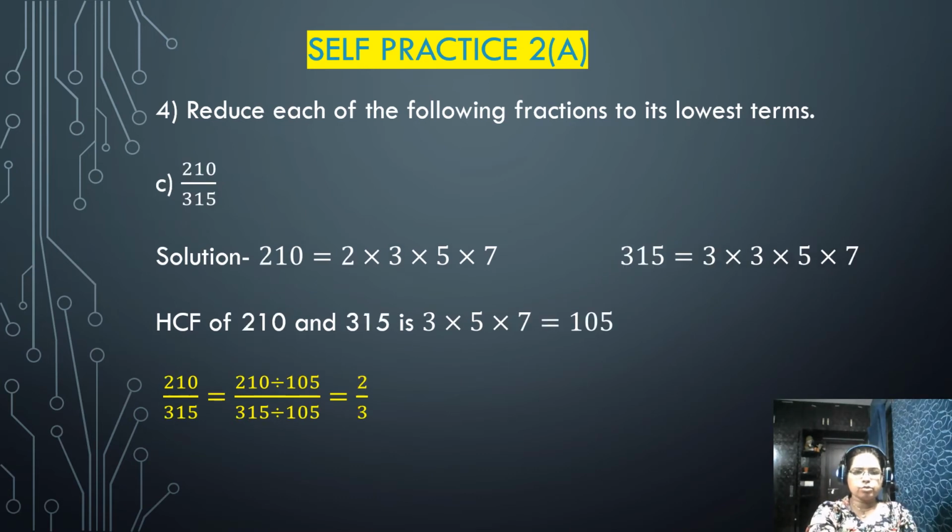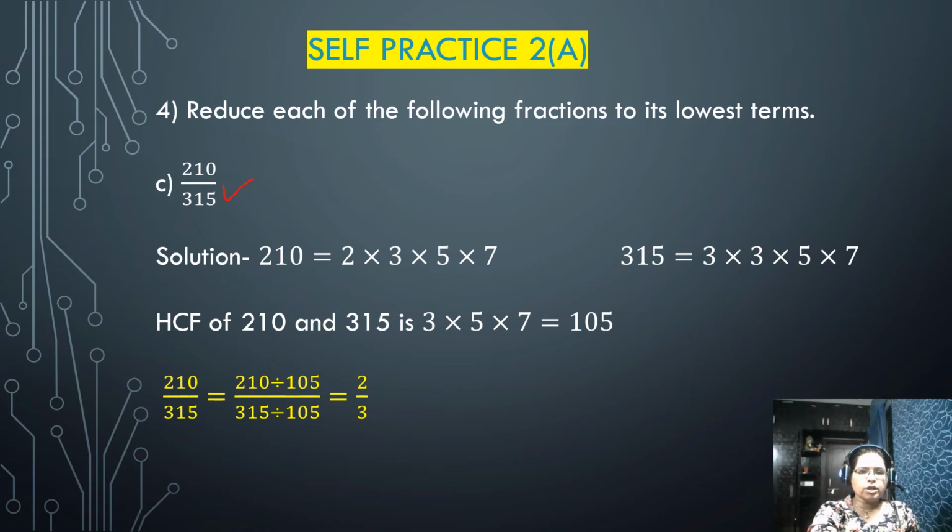Now we have to reduce 210 divided by 315 to its lowest terms. First we have to express 210 as prime factors and 315 as prime factors.